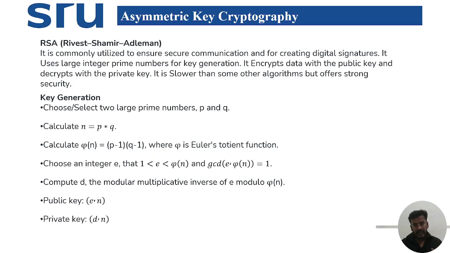It encrypts the data with a public key and decrypts with the private key, using a public key for encryption and a private key for decryption. It's slower than some other algorithms but offers strong security. For key generation, choose two large prime numbers, for example P and Q, and calculate n equal to P times Q. Then we have to calculate further from that.